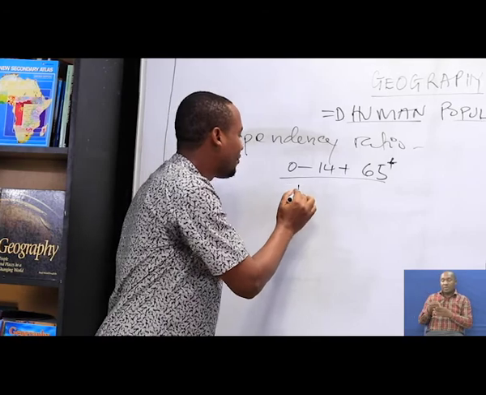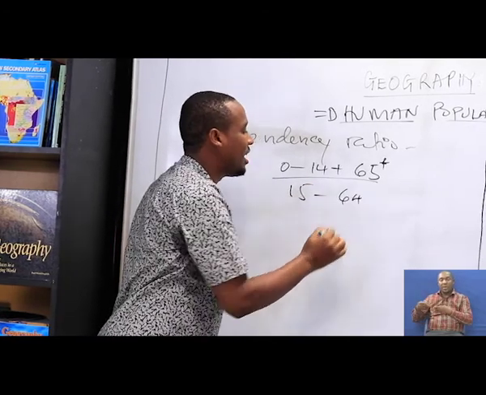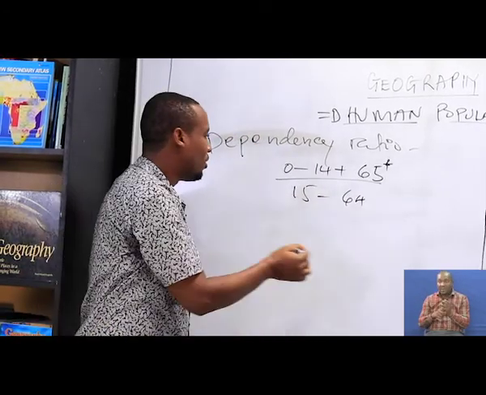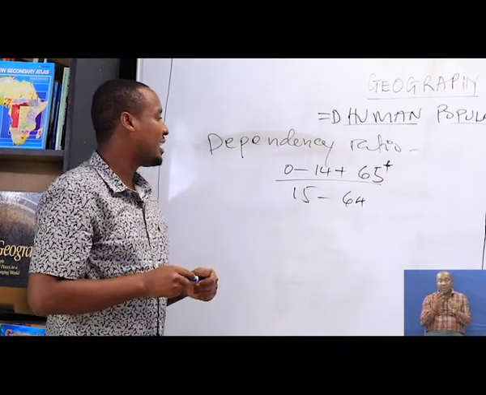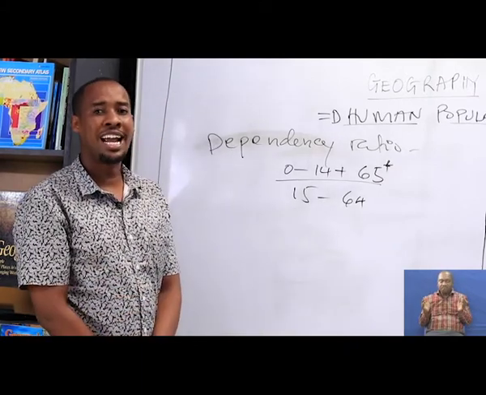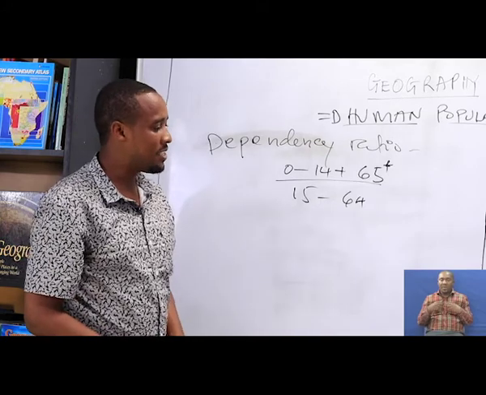That is age 15 to 64. Through knowing that, the government can identify the numbers of dependency ratio.